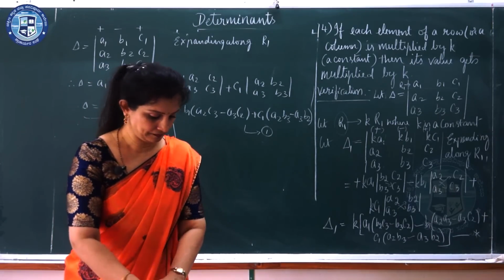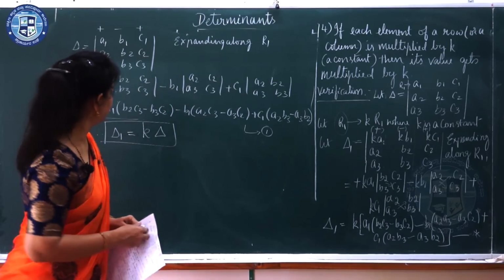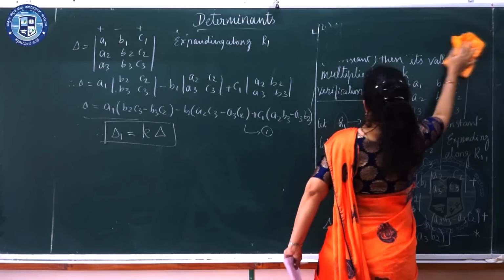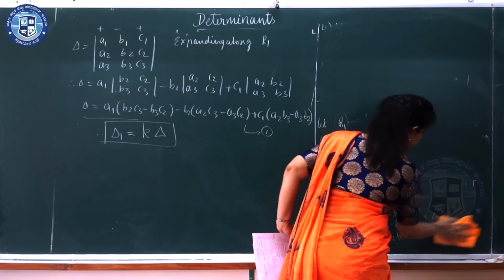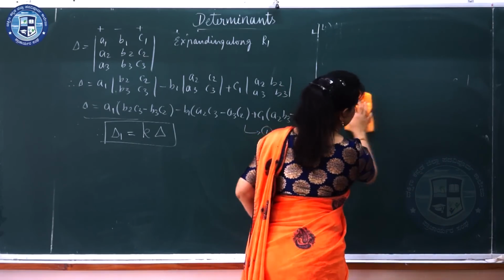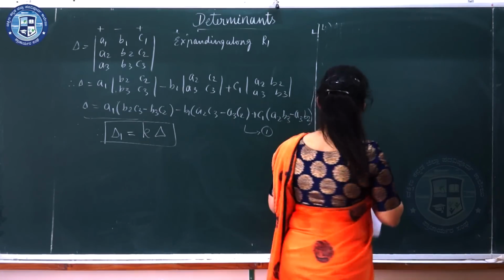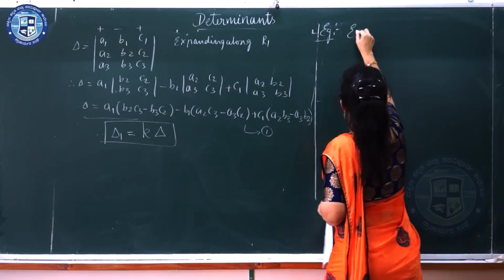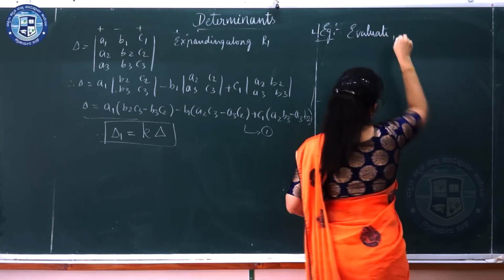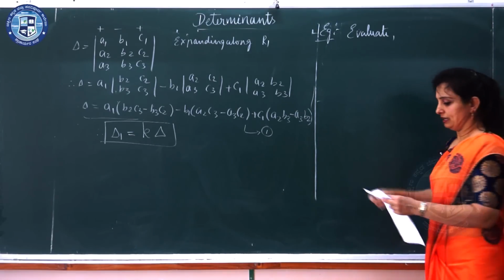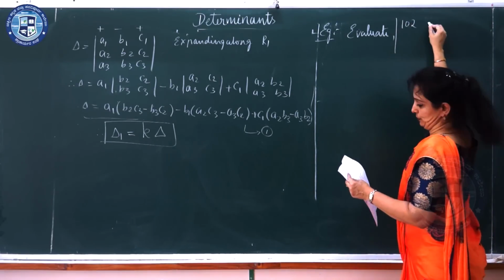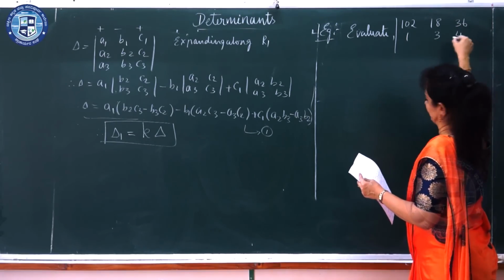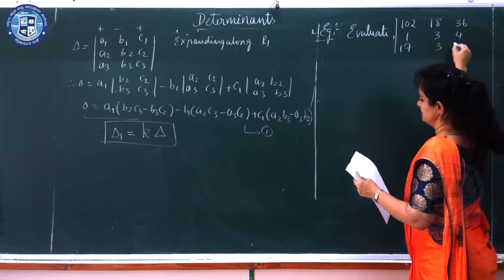Example: evaluate the determinant 102, 18, 36, 1, 3, 4, 17, 3, 6.